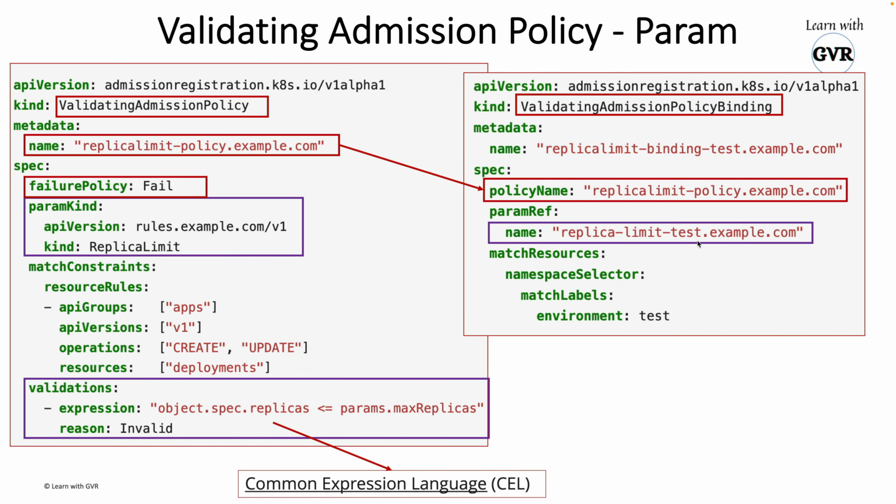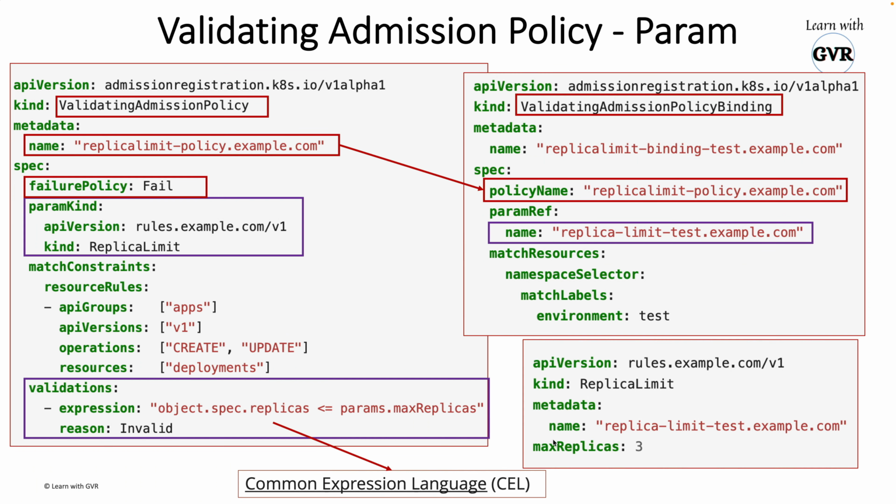So this is a name, a new name I have given in blue color, right? Now this is a replica limit. If you carefully observe, this replica limit should be the same as this parameter kind. It means in the policy you will specify the expression with the parameter I want. What is the type of parameter? It is a replica limit, and in the binding you will just link it.